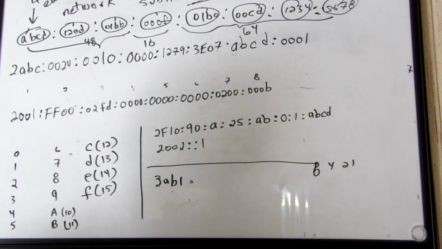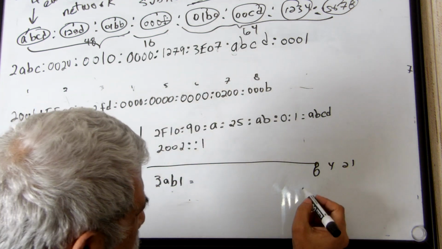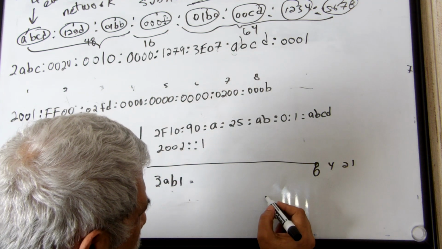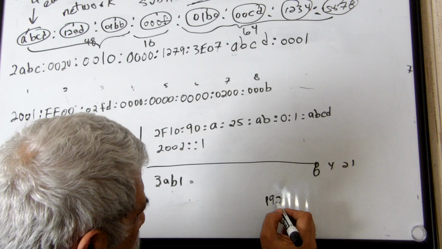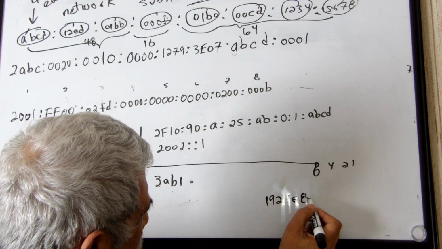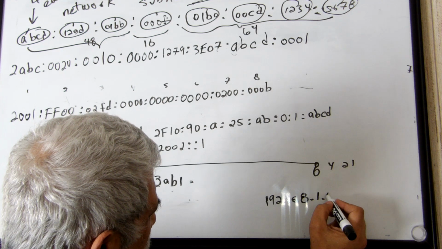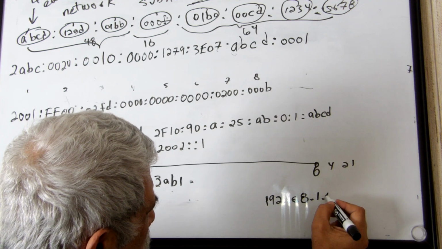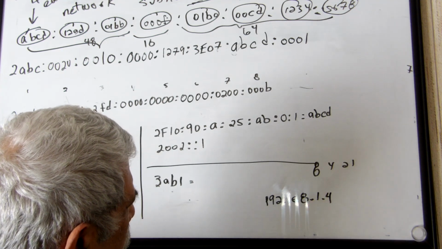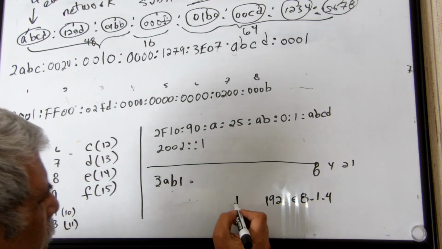We talked about it before, but let's just go through it very fast, like 192.168.1.4, for example. This is one of the host IP addresses.